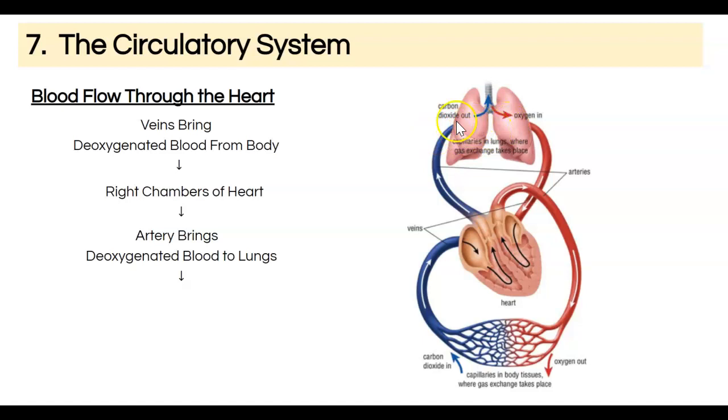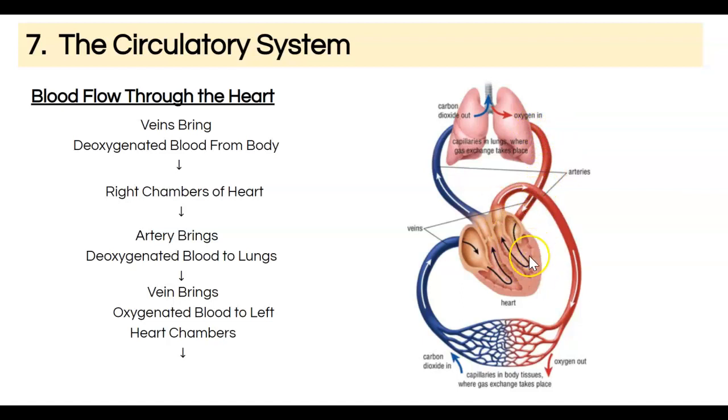Your blood at your lungs is going to get reoxygenated. Once it's nicely oxygenated, it's going to travel back to the heart. Remember now, any blood vessel going back to the heart is going to be a vein. So this right here is actually still a vein, even though it contains oxygenated blood. So the vein is going to bring oxygenated blood back into the left side of the heart, right?